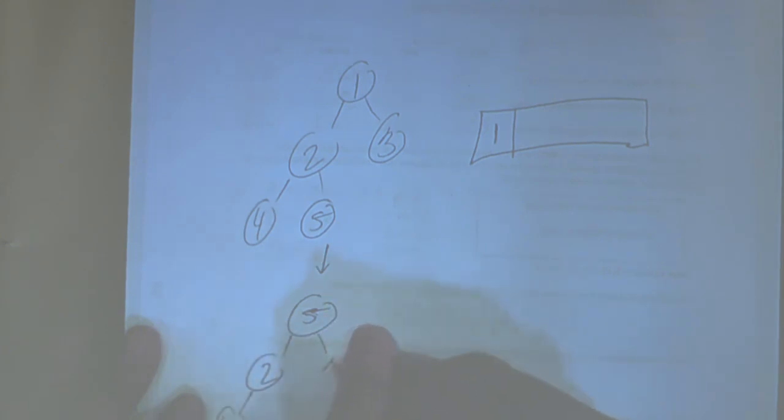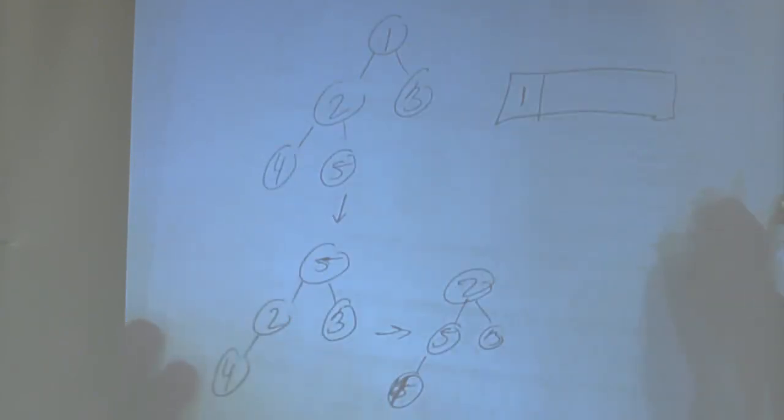This is what it looks like after the first go around. Then we call percolate down, and 2 moves up, 5 moves down. We keep calling percolate down on 5 until this heap has reached heapiness.